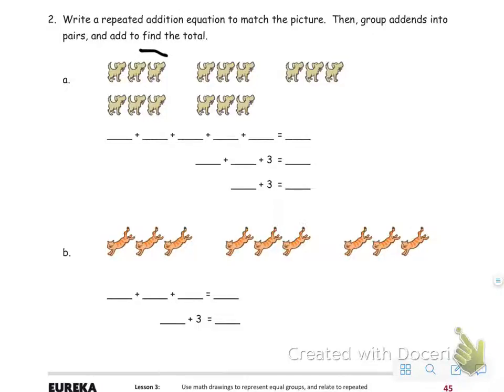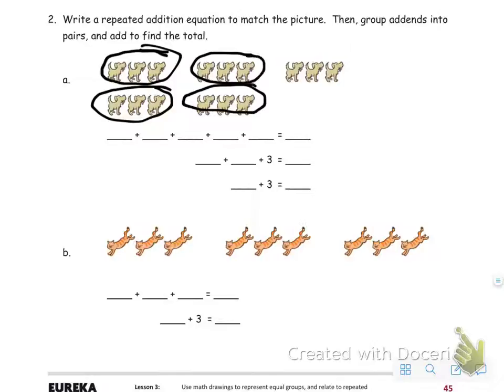And so I can see that these are going to be in groups of 3. Kind of like that. And you can see that I have 5 groups right here and 5 blanks right here.